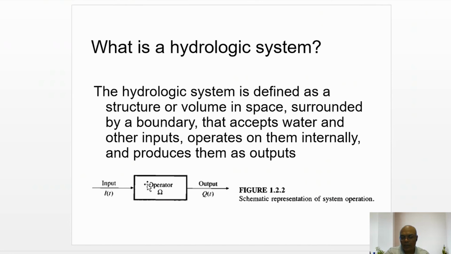Within that there are a lot of subcomponents. For example, we consider one subcomponent, that is groundwater. Although it is a part of a big system, the hydrological cycle, it is also a kind of small system.